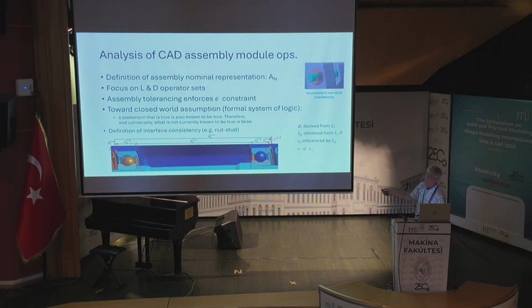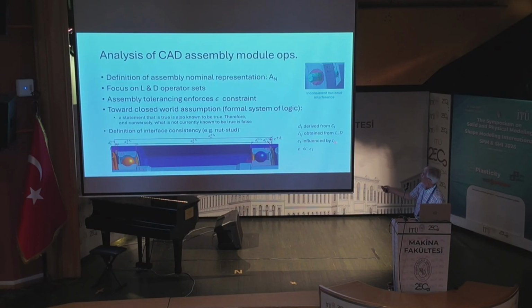The interfaces, as we've seen, are obtained from the LND operator sets, and the epsilon I here, which are the purpose of the tolerancing phase, are influenced by the interfaces I and G. So it's important to have the tolerance of computation of the interfaces much smaller than epsilon I. Why? Because there is too much noise in computing the tolerance if we want to use this type of information.